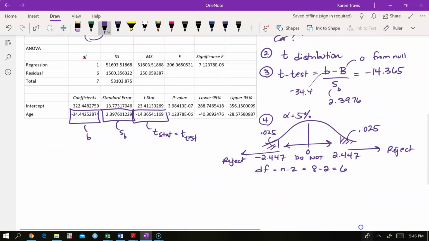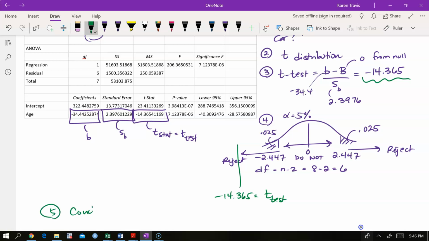So with a super huge, in terms of magnitude, negative 14.365 for a t-test, we're clearly in the rejection region. So as our conclusion, we will reject the null at 5% significance.